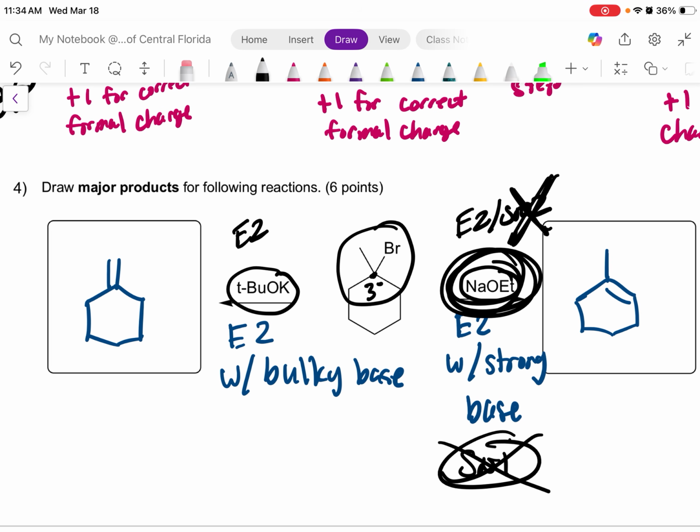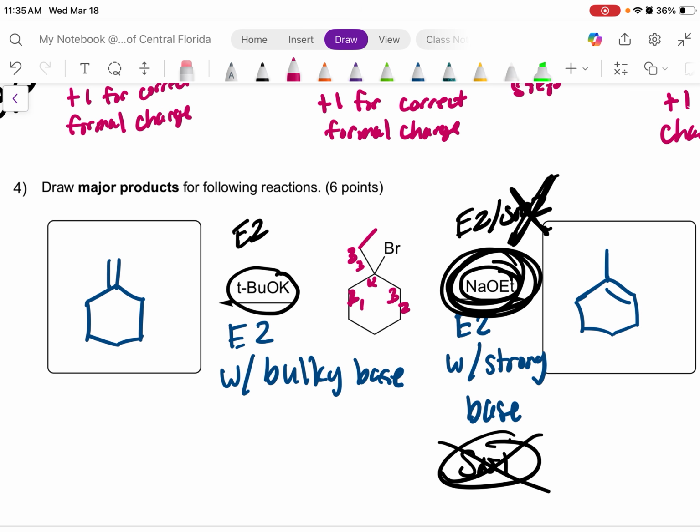And now if we do a strong bulky base, we identify the alpha, beta, beta, and beta. Betas 1 and 2 are the same thing, but beta 3 is less sterically hindered. So a bulky base is going to find the beta hydrogen that is less sterically hindered, hence B3.